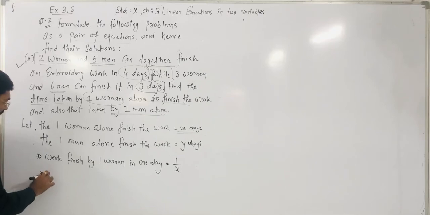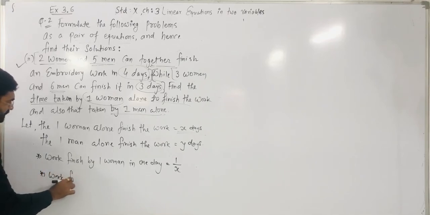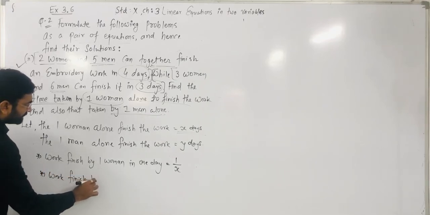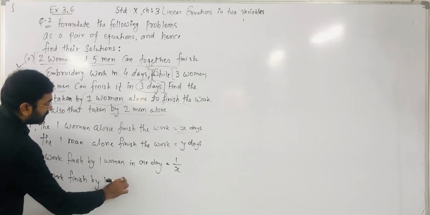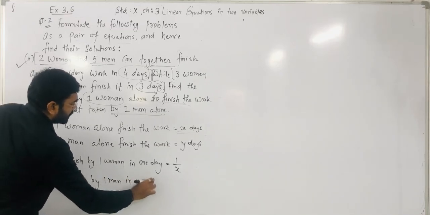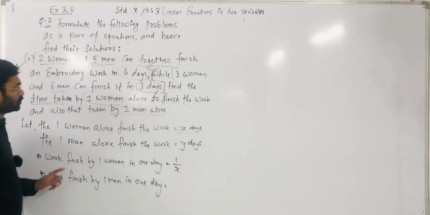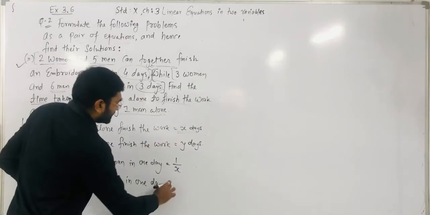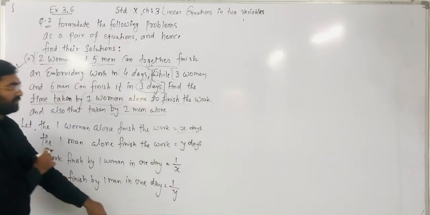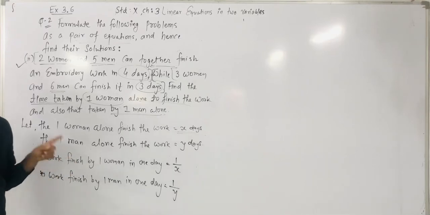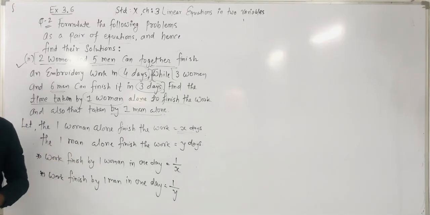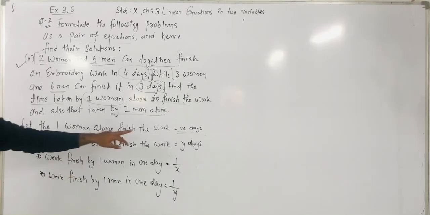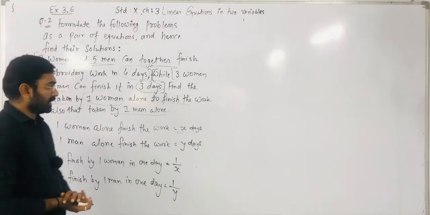Same way, the work finished by one man in one day: the total days is y, so he completes 1 by y of the work every day. Then in y days we complete the one work.